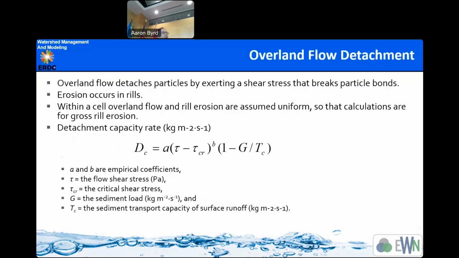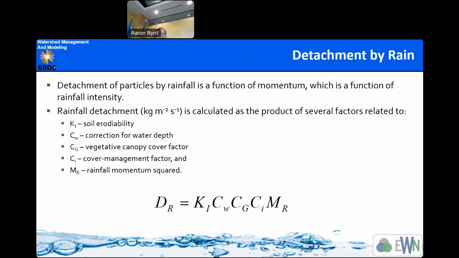Yeah, and from experience, it is sensitive to that K1. Yeah, it's one of the parameters in that last slide. The catchment by rain, soil erodibility is one of the parameters that is sensitive. But what is done in GSHA is that for the detachment by rainfall, all these parameters are default in the code.